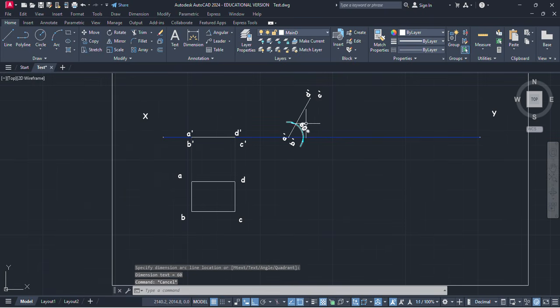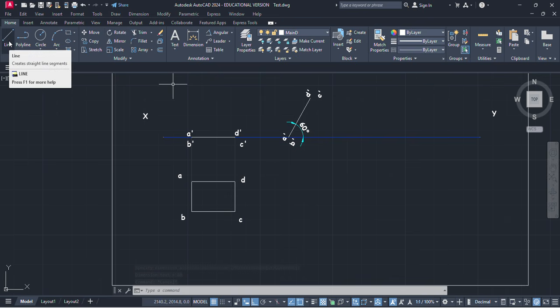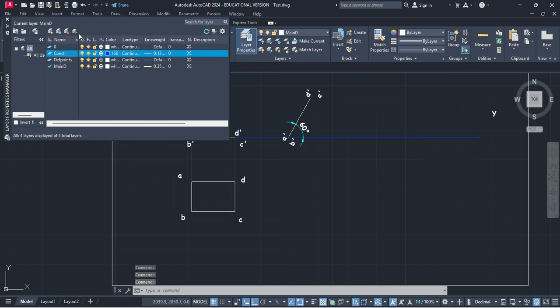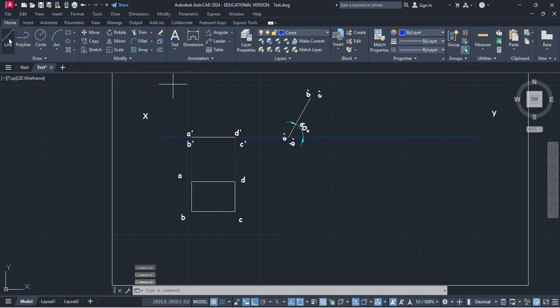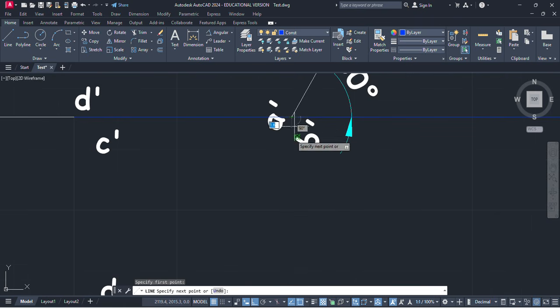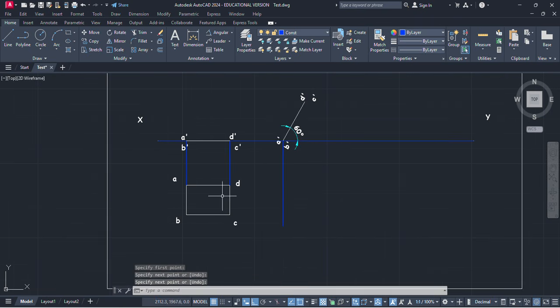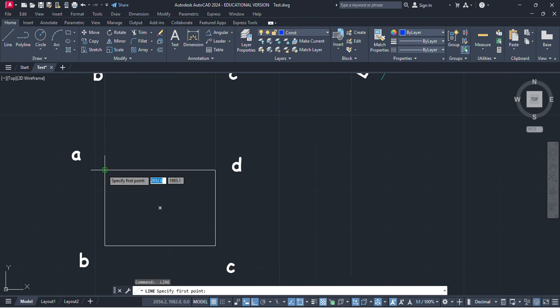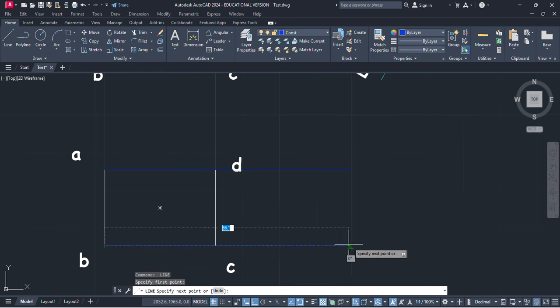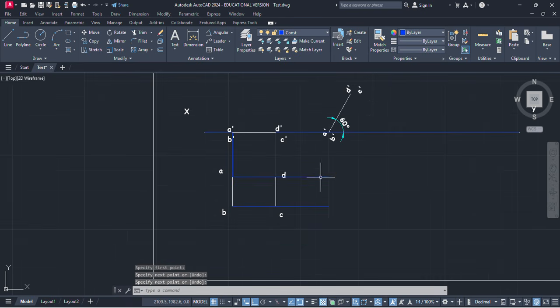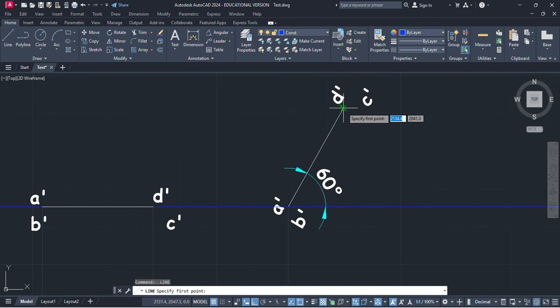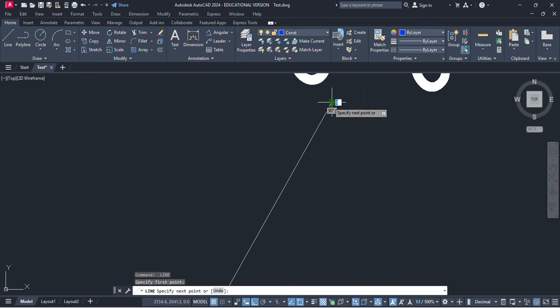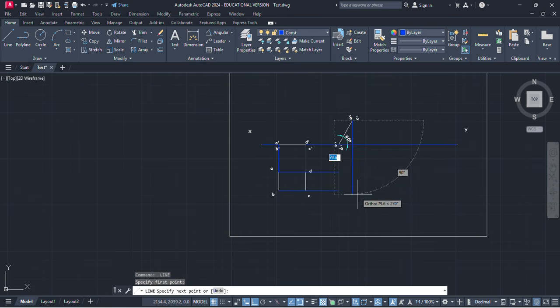Now you have to find out the top view. So what we will do is trace out the points. So this is our A dash vertical line. So from point A, I'm going to draw a horizontal line which will intersect here. From B, the horizontal line is going to here. Now from D dash and C dash, a vertical line.